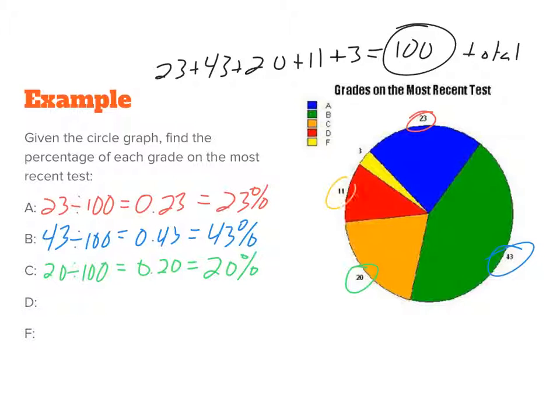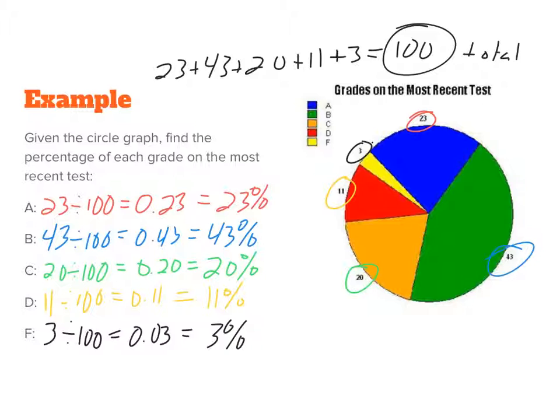For D's, there are 11 D's. 11 divided by 100 gives me 0.11. Turning that into a percent is 11%. And finally, for F's, there were 3 F's, so 3 divided by 100 gives me 0.03. Turning that into a percent, I get 3%. And again, the way to check, if you add all these up, you should get a total of 100, which if we add those up, we do.